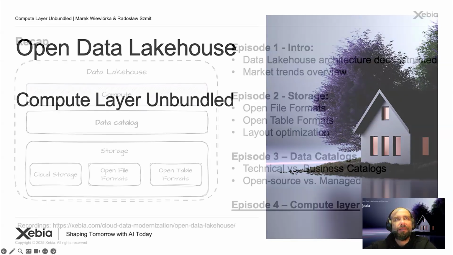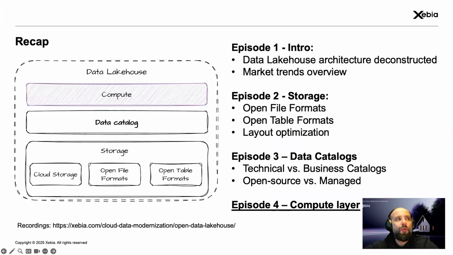So let's get started. Maybe we start with a quick recap of the previous sessions, because as already mentioned, this is the 4th episode. In the first one, we got a quick introduction to the data lakehouse architecture, the construction of the open data lakehouse approach. Next, we discussed storage: open file and table formats and some optimization hints for the layouts.